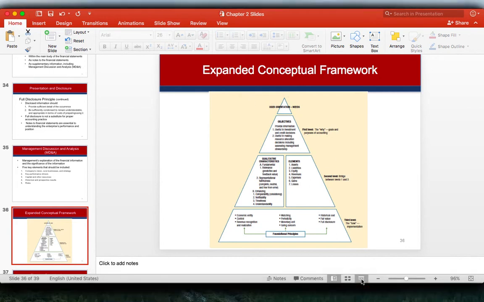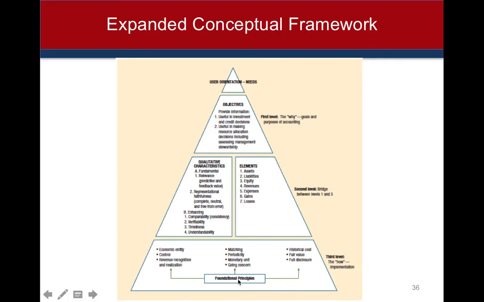We looked at it earlier, and if you remember, we had the foundation principles, the qualitative characteristics, and the objectives. So we were looking at stuff like the economic entity and the control and revenue recognition, and the matching and the periodicity, monetary unit, going concern, etc. And we're looking at the historic costs and the fair value.